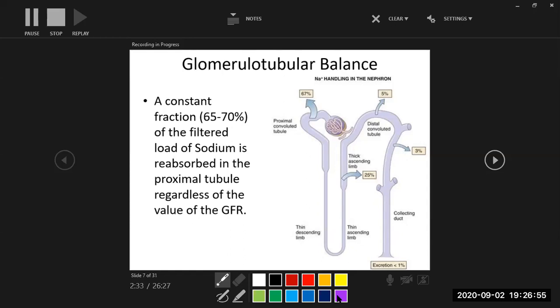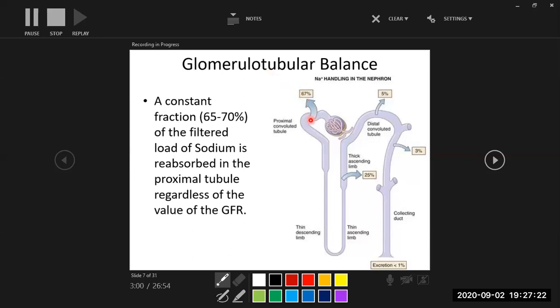And when you constantly eat a high salt diet, 60% or 2/3 of it still gets reabsorbed. So even though you will also pee some more, a big portion of that is reabsorbed.